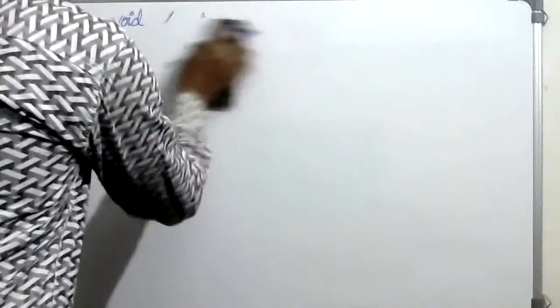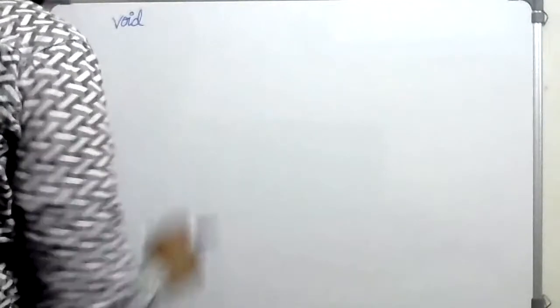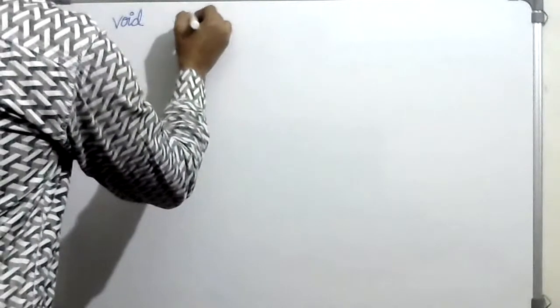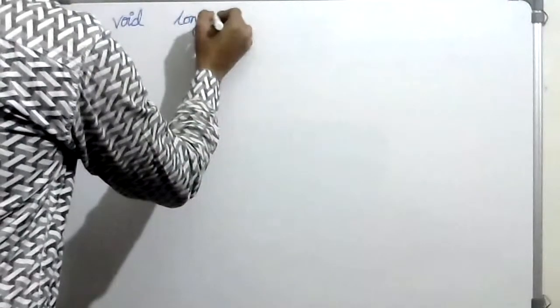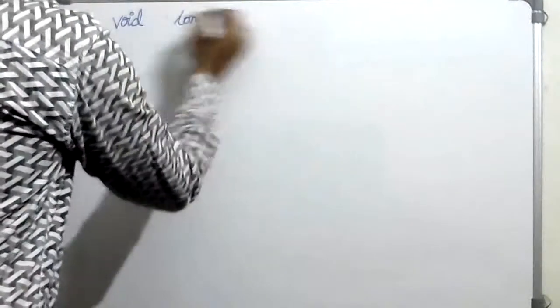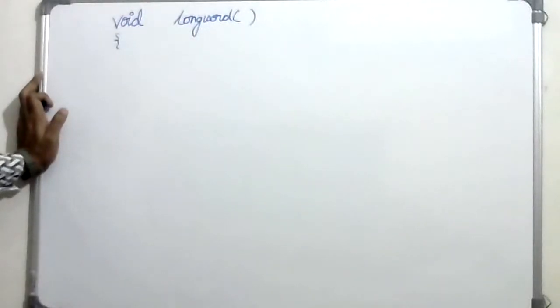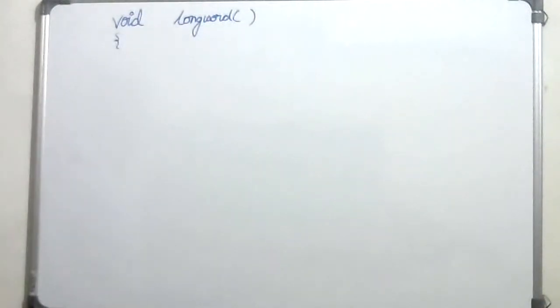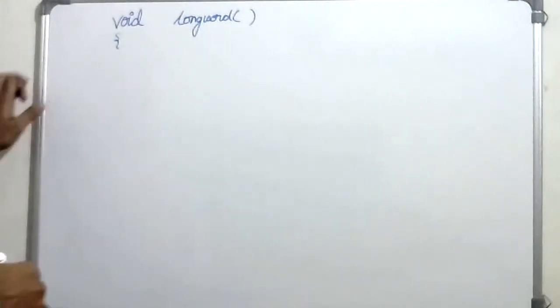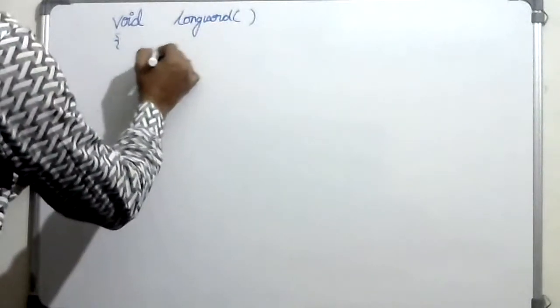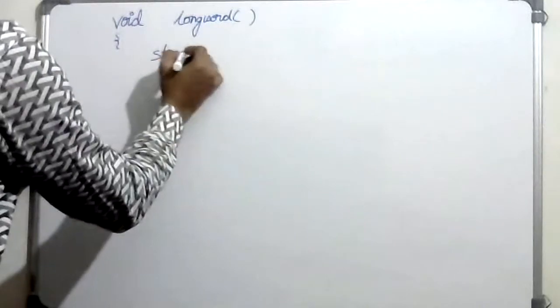Our name is becoming similar to the class name. So let's call it long word. So void long word does not take any arguments inside the function. I already have a sentence, so I'll simply do this.